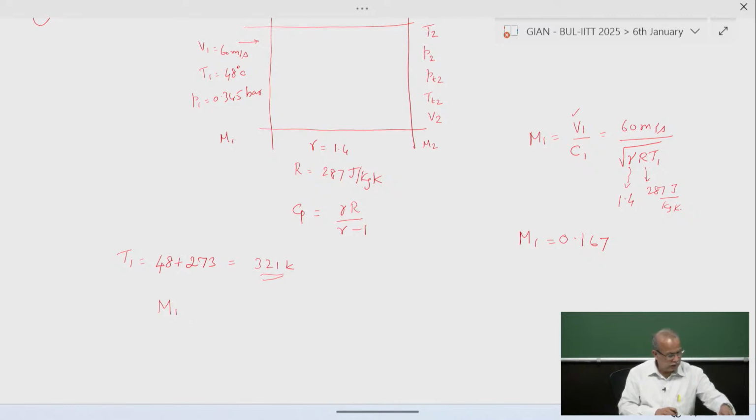It's only for 2 decimal accuracy there. So we can say M1 is equal to 0.17.